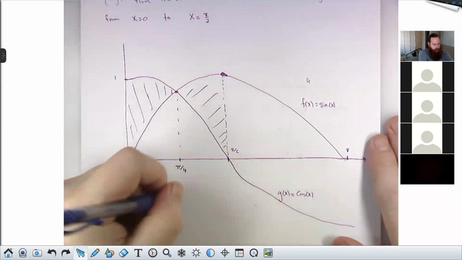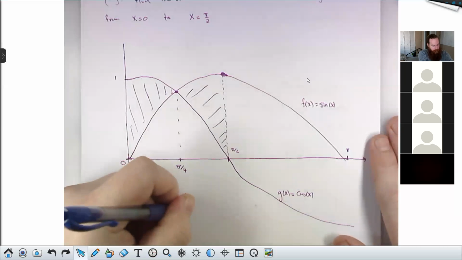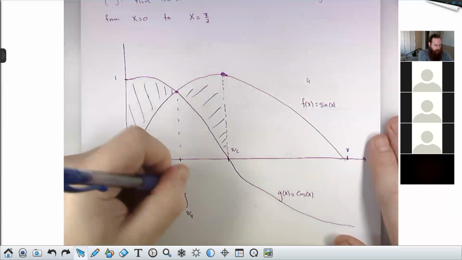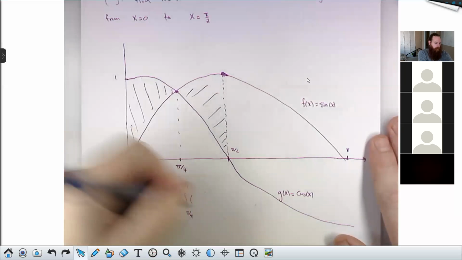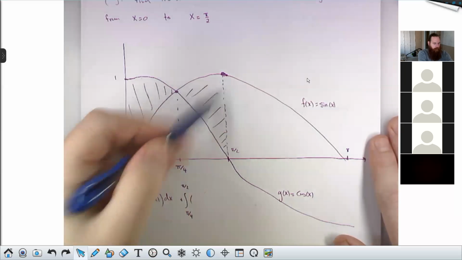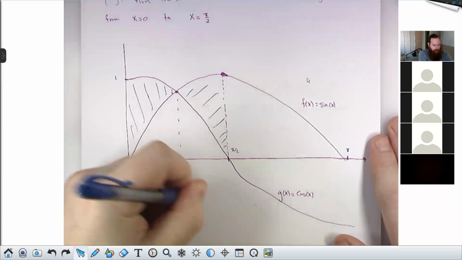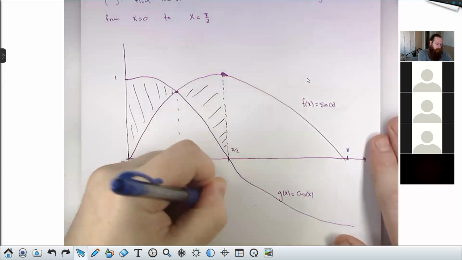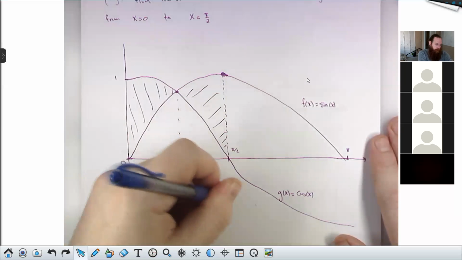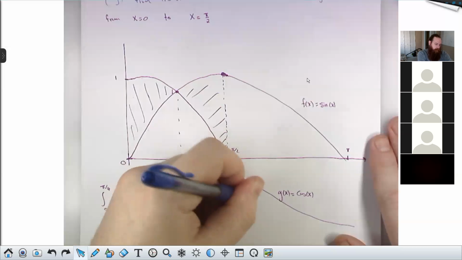And then my second integral will run from pi over 4 to pi over 2, and that'll be looking for this area. Here my upper is sine and my lower is cosine. So this one will be the integral of (sine x minus cos x) dx.